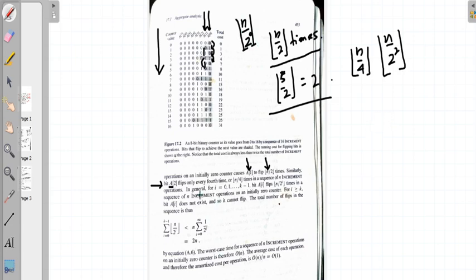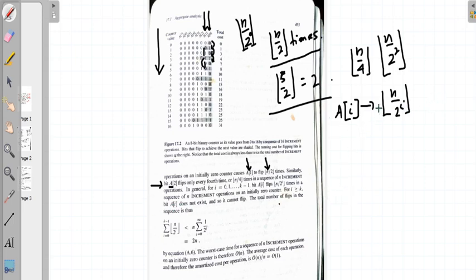So we can say in general, for i equals 0 to k minus 1, bit Ai flips how many number of times? n by 2 power i floor times in a sequence of n increment operations on an initially 0 counter.